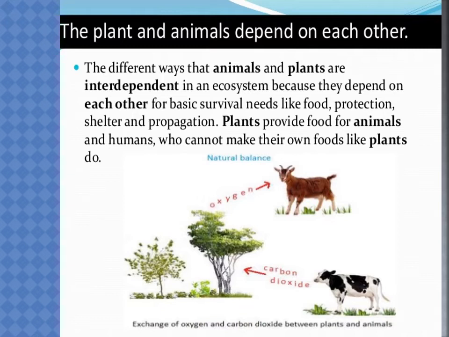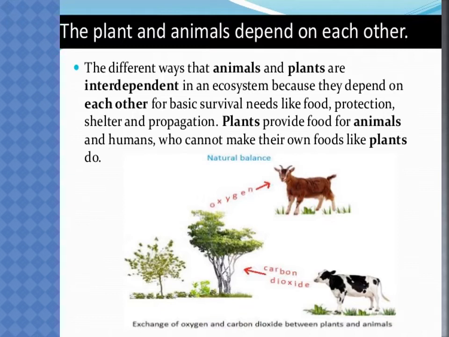Next one, decomposers. Decomposers, we already studied. What is a decomposer? Decomposers means that on dead animals and dead plants, bacteria or fungi are growing and decaying all the matter. All things will decay into the soil.